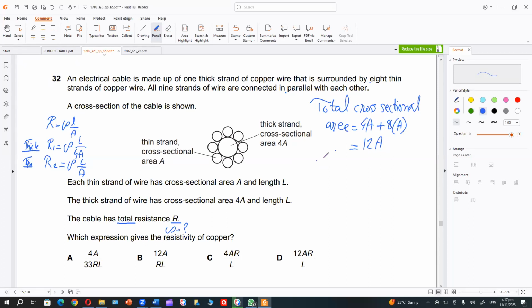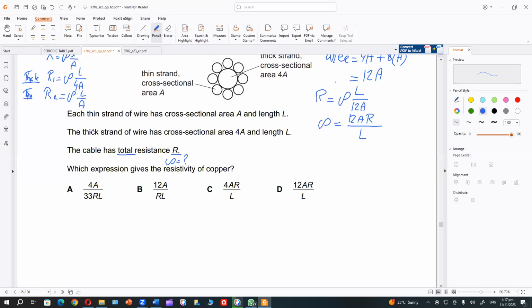We can find it this way: R is equal to rho L upon 12A. So rho is equal to 12AR upon L. So that is the right part of it. It's a big effort, and then it went wrong.